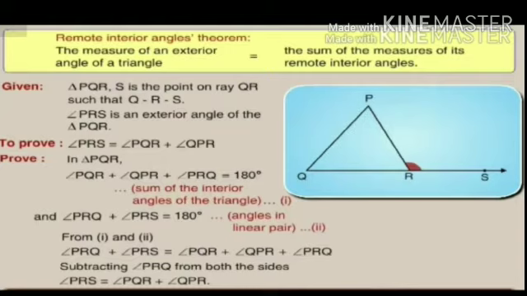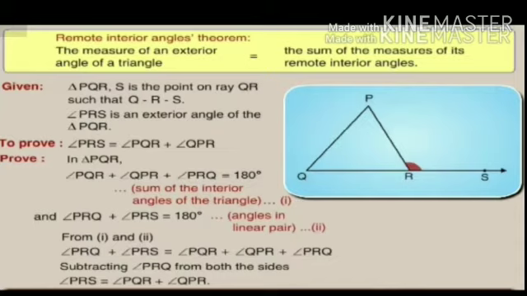Here S is a point on the ray QR such that R lies between Q and S. Here angle PRS is an exterior angle of the triangle PQR. Here we have to prove that angle PRS, that is the exterior angle, is equal to the sum of angle PQR and angle QPR. Now let's see the proof of this theorem.